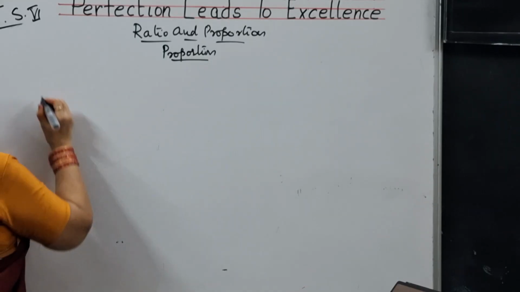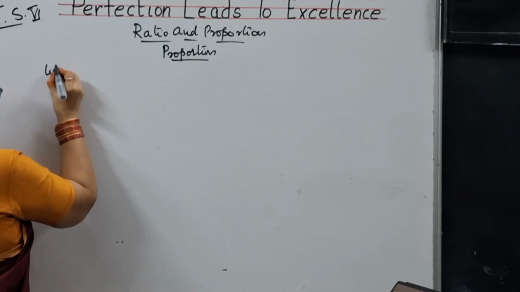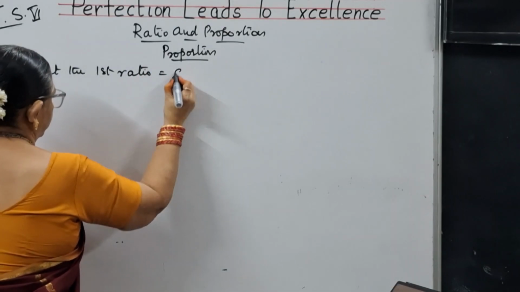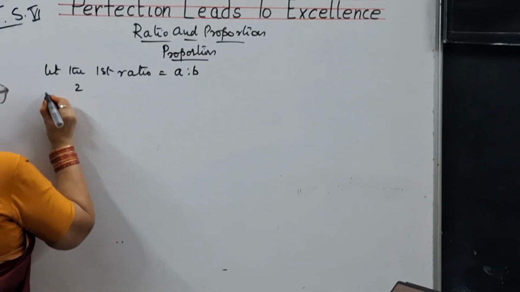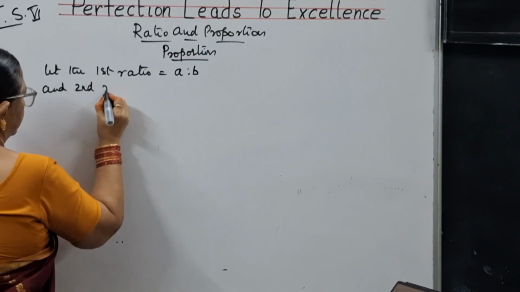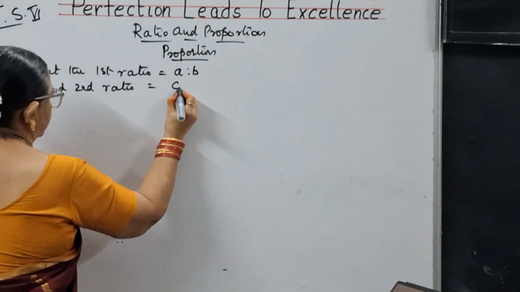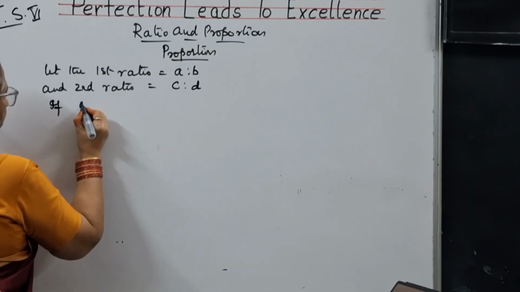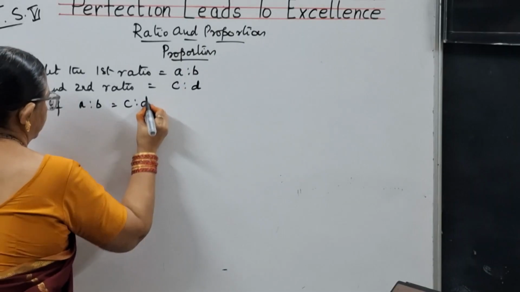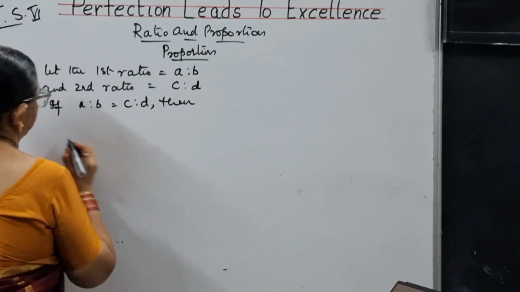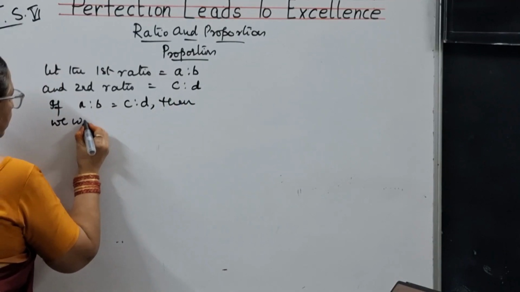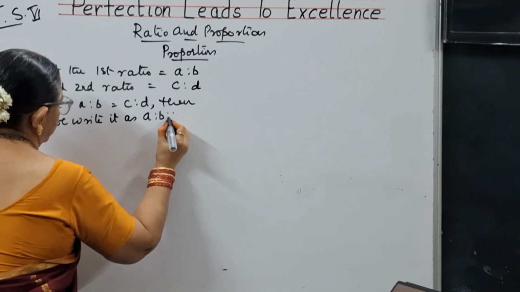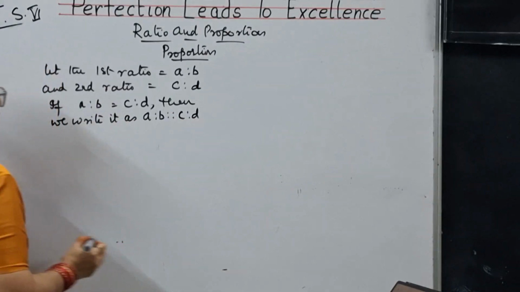What is this proportion? Suppose you have two ratios. Let the first ratio be A is to B and the second ratio be C is to D, and if A is to B is equal to C is to D, then we write it as A is to B is as C is to D. What is this symbol?